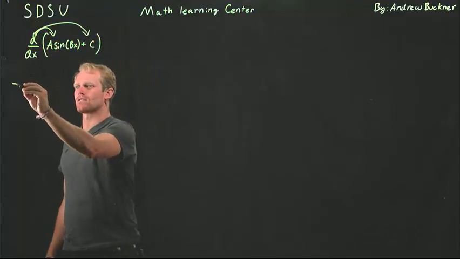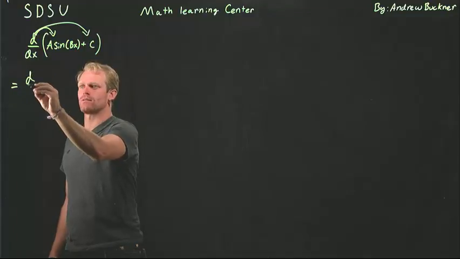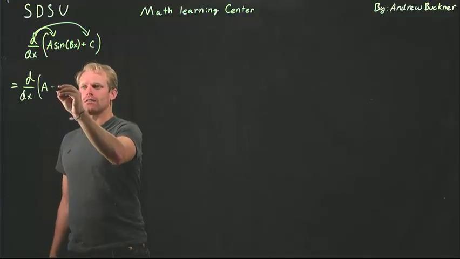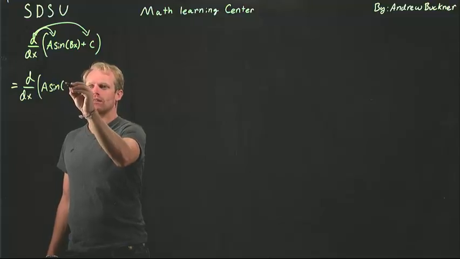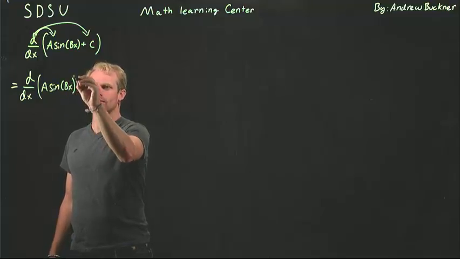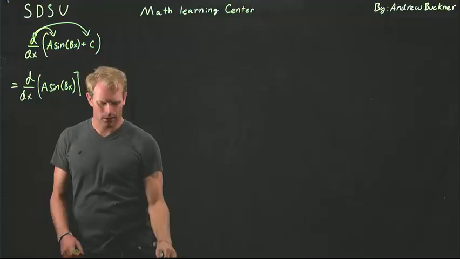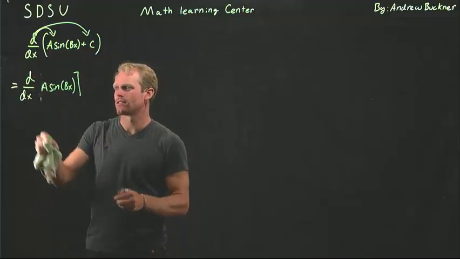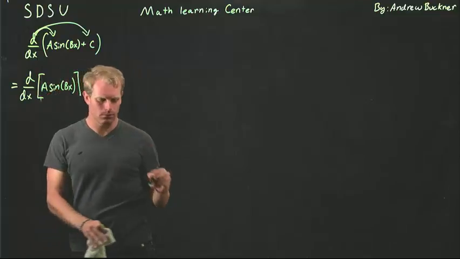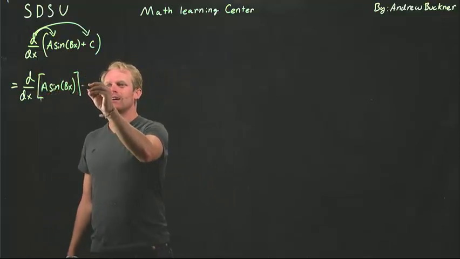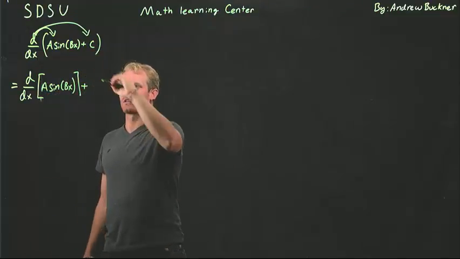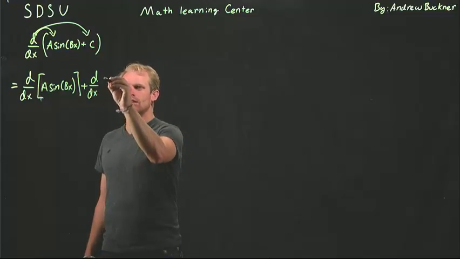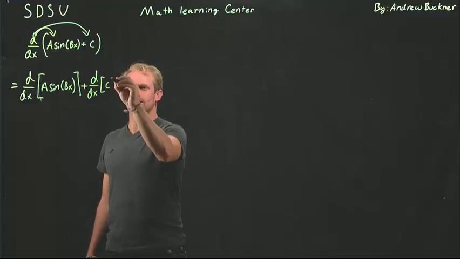So I can rewrite this as the derivative with respect to x of a times sine bx. Make that a square bracket to really distinguish what we're doing here. And then I'm going to add this, because this carries over as well, to the derivative with respect to x of c.